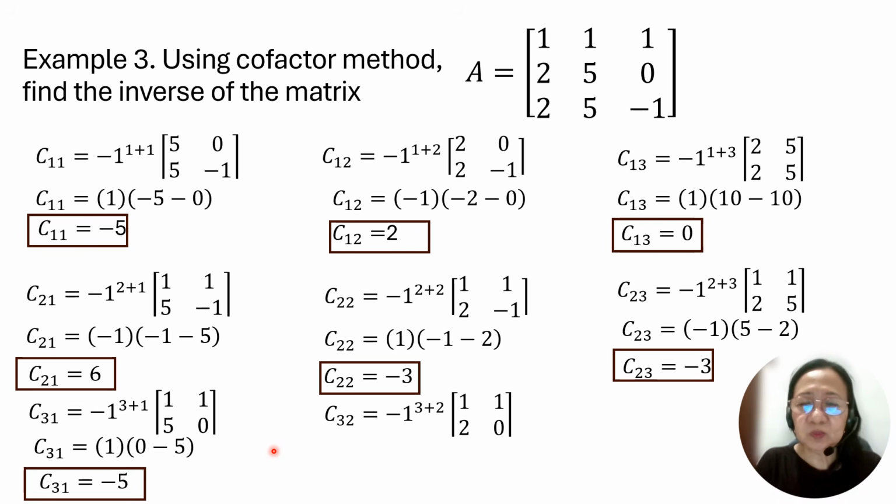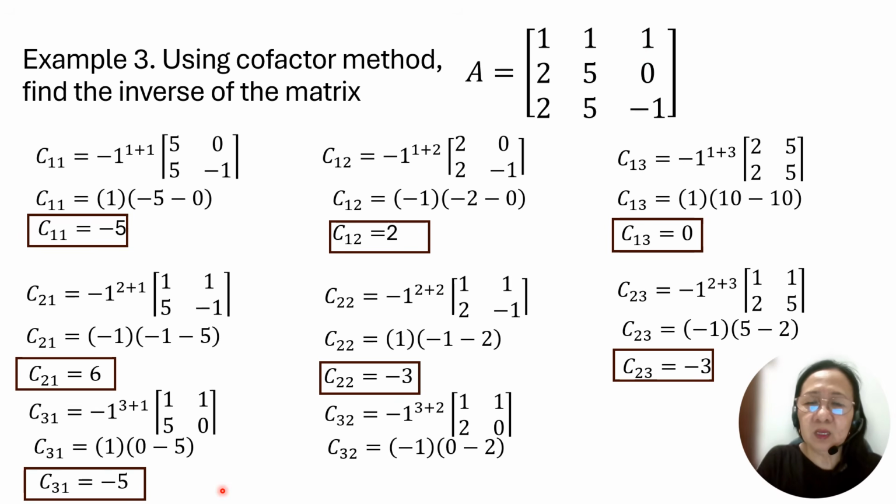Let us have C sub 32, represented by 5. The sign is negative 1 raised to 3 plus 2. Let us slash the third row and the second column. What is left in the matrix is 1, 1, 2, 0.